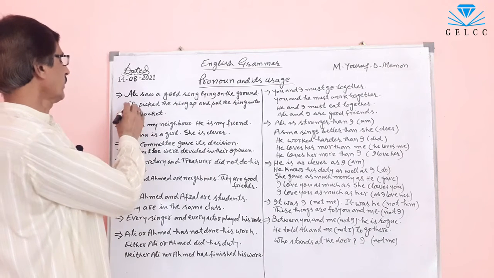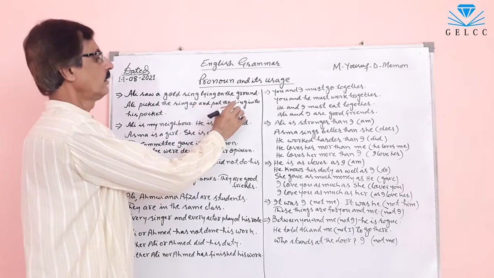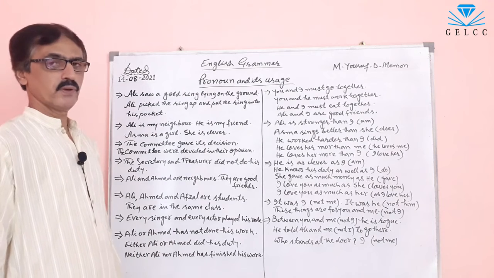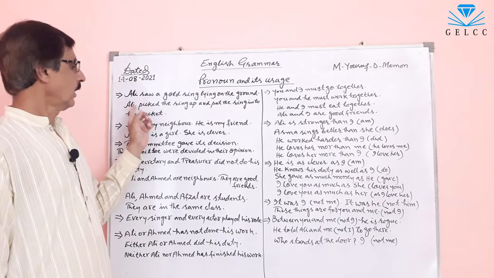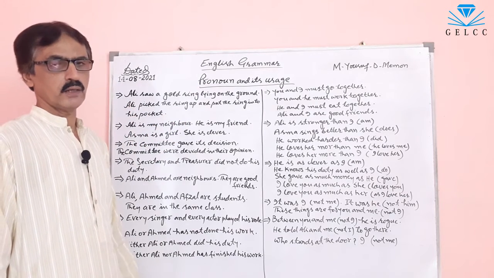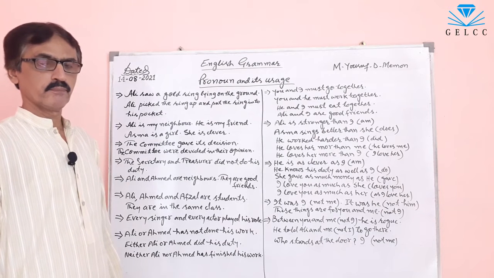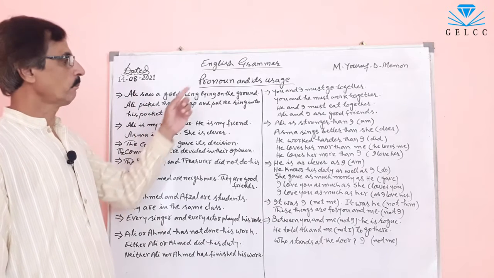Now, in the second sentence, Ali picked the ring up and put the ring into his pocket. Again, the noun Ali and the ring are repeated. So, to avoid repetition, we use pronoun instead of noun.